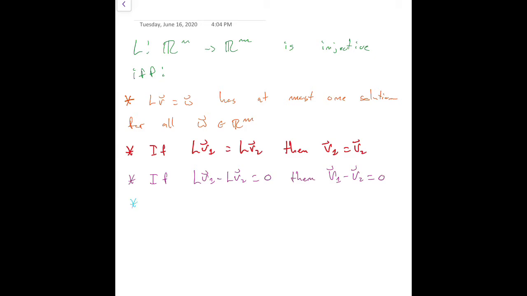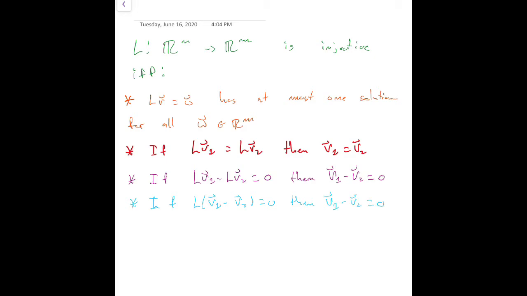Using linearity, this is equivalent to saying that if L applied to the vector V1 minus V2 is equal to 0, then V1 minus V2 is equal to 0.